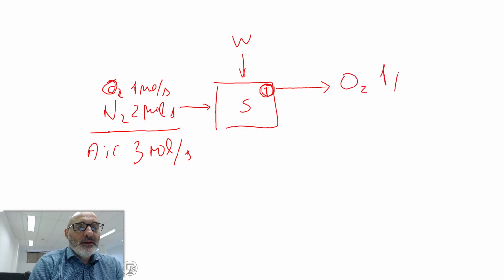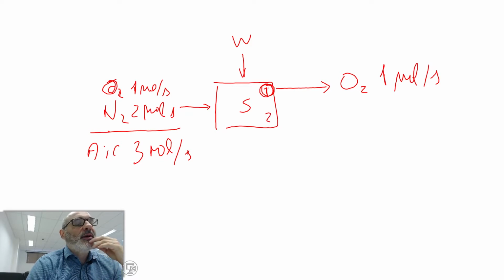So I have 1 mole per second of oxygen at this exit. This means that there is no oxygen at exit number 2.